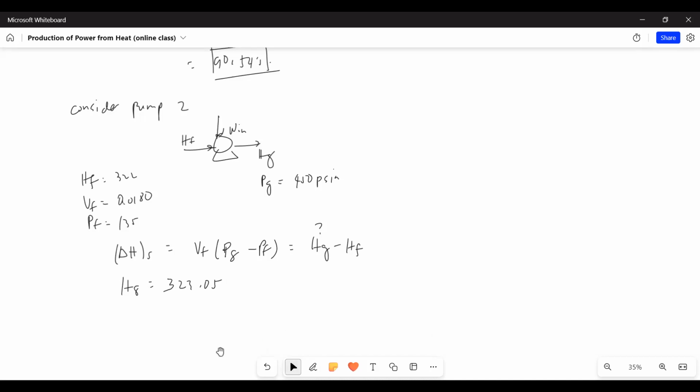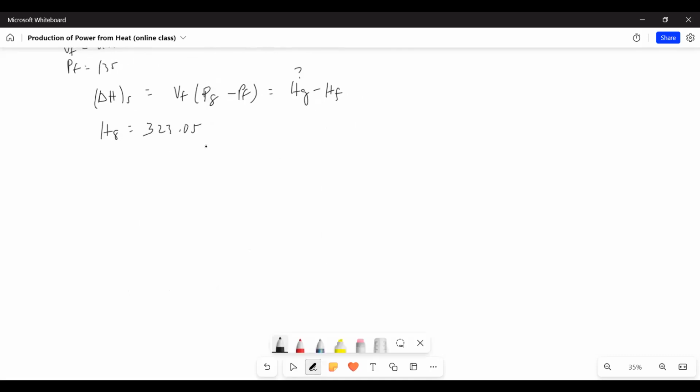Next, we can consider the boiler. What enters the boiler? I no longer need to draw it. It's simple, just one inlet and one outlet. So Q equals delta H. That's the energy balance of the boiler. So QH is equal to delta H equal to HA minus HG.